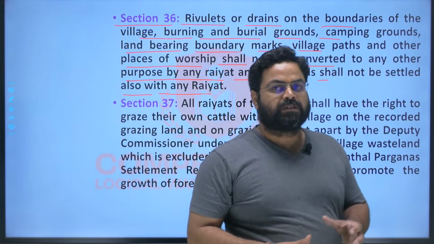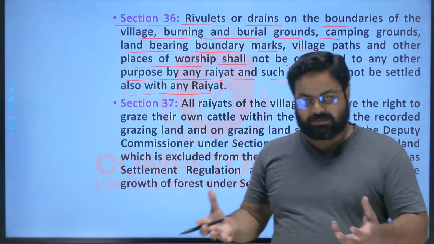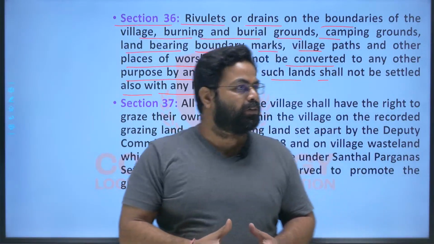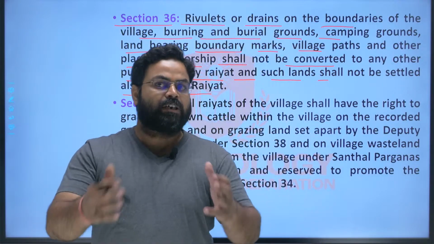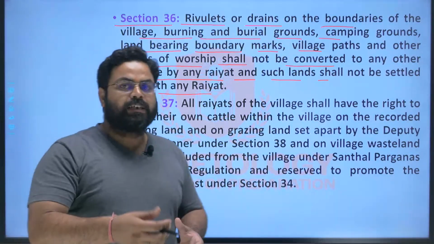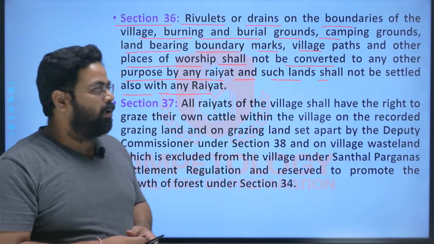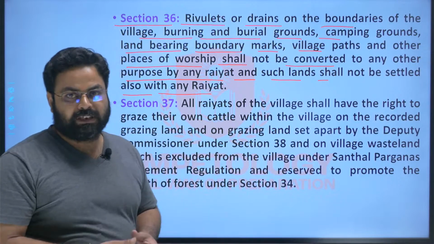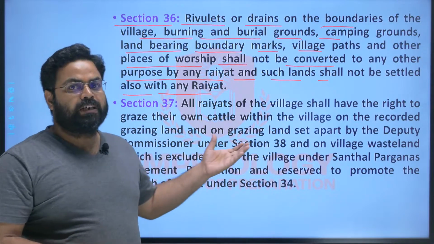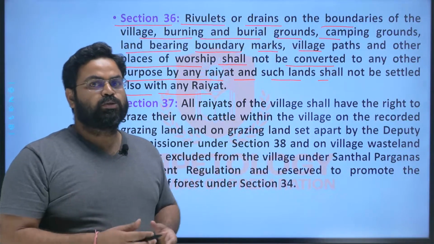So here what happens, many of the Rayyats are like some greedy people, right? They go on to encroach on the land that is allocated for the canals, or the land that is allocated for the purpose of pond, or the burial ground, or the burning ground, or the worship place, or even the path, the common use path.